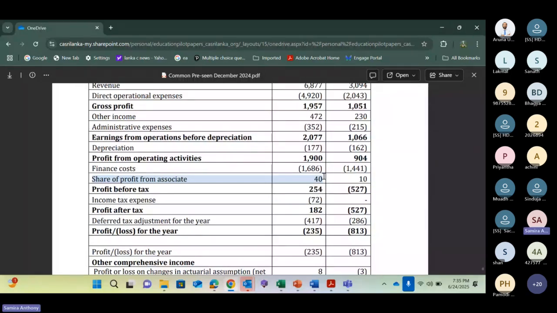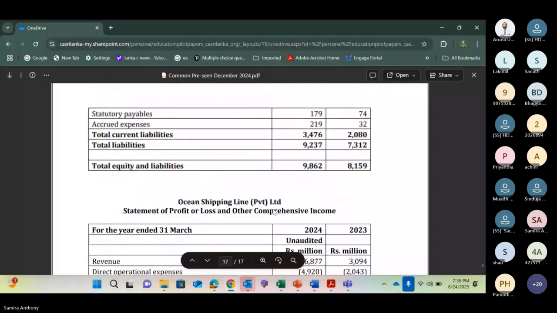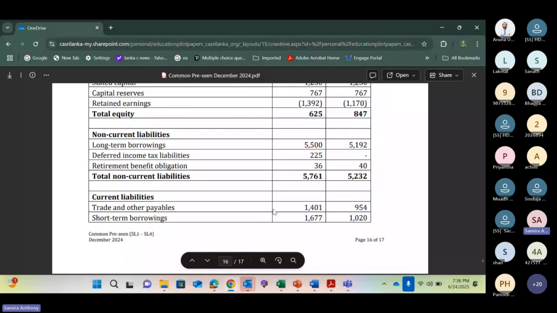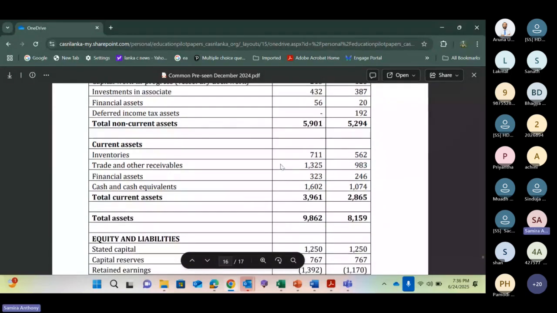Working capital requirement is expected to increase at a rate of 3%. Now, from what? From the given balance sheet. If you take this balance sheet, let's take the working capital requirement. This is inventory, trade and other receivables, and cash. Let's copy and paste here.